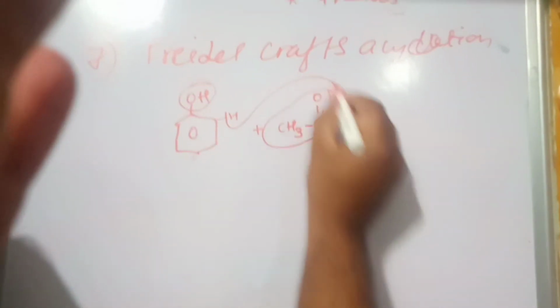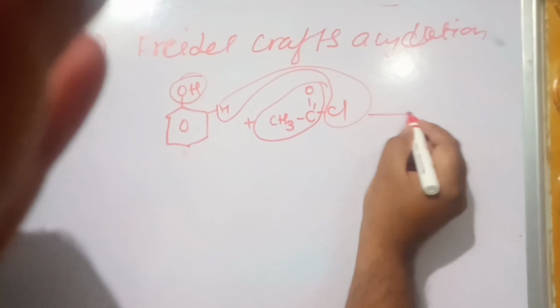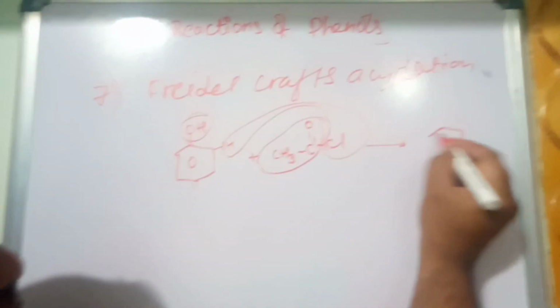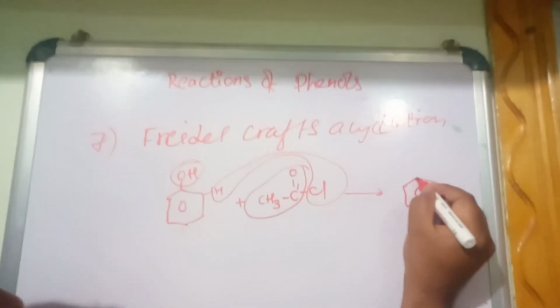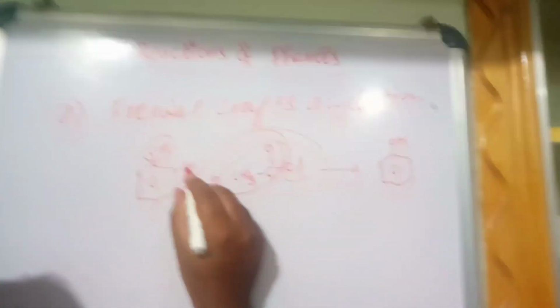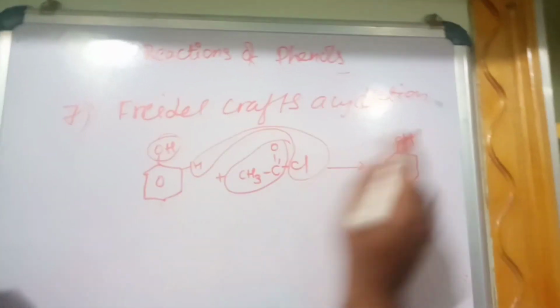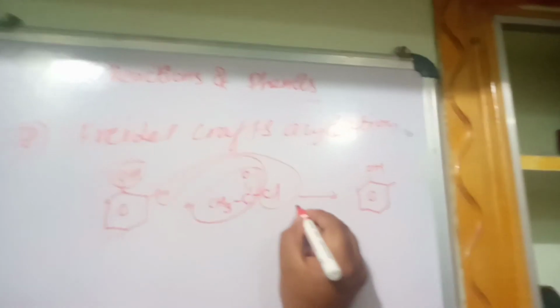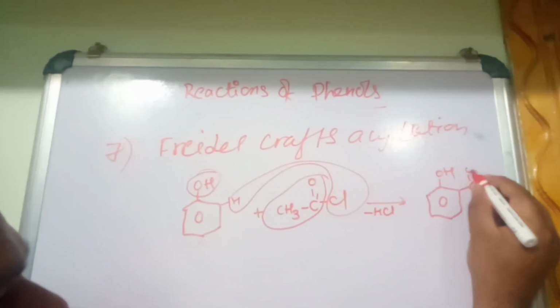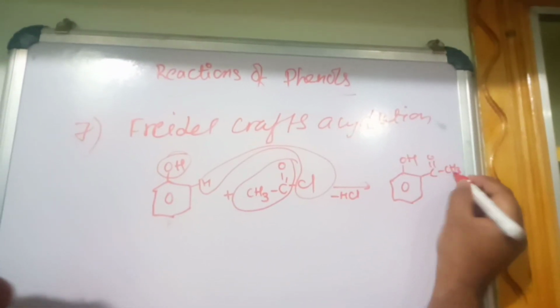That reaction is called Friedel-Crafts acylation. It is a simple reaction, a replacement of hydrogen of phenol by an acyl group, with elimination of chlorine.